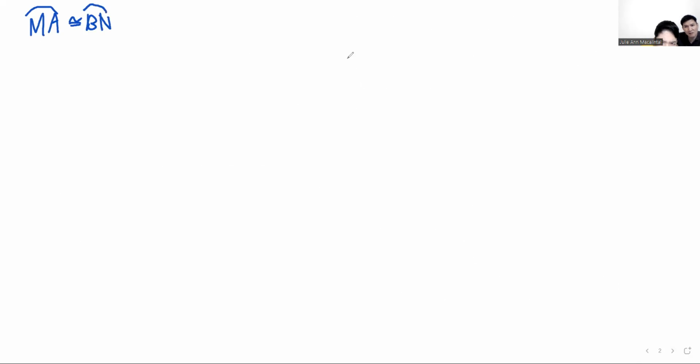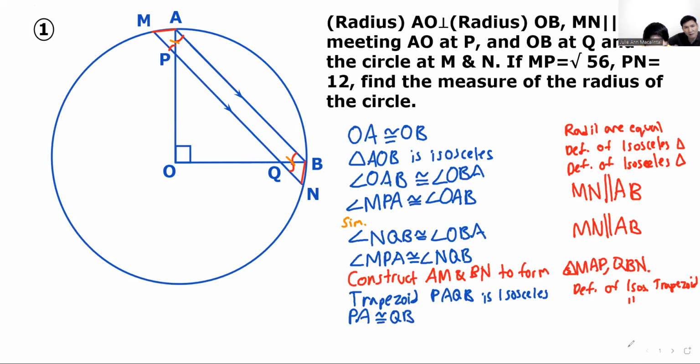Let us see the figure. AM is congruent to BN.